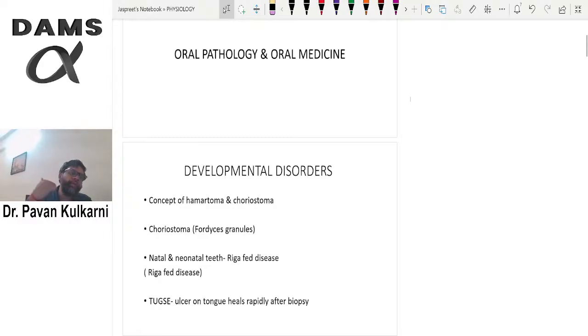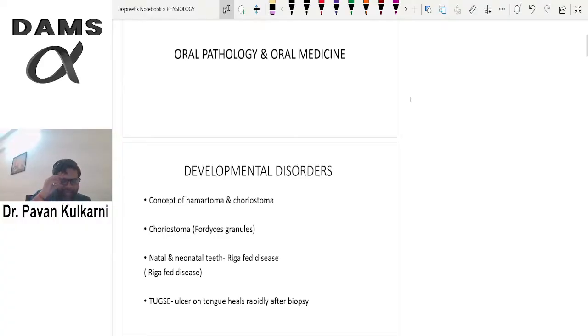Then they can ask you even about clinical images. Clinical images are also very frequently asked. Radiological images, they would have taught you in the radiology part, oral radiology. But still in oral pathology we have covered radiology also, particularly not the interpretation part, but the characteristic radiological images.